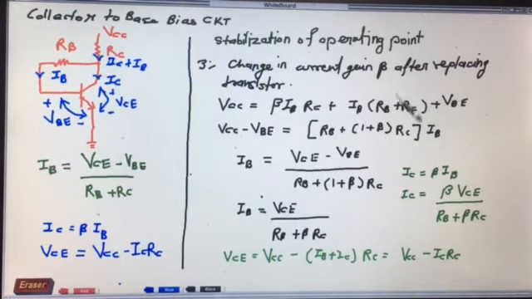So the operating point of this collector to base bias circuit is fixed and self adjusting due to the voltage feedback.